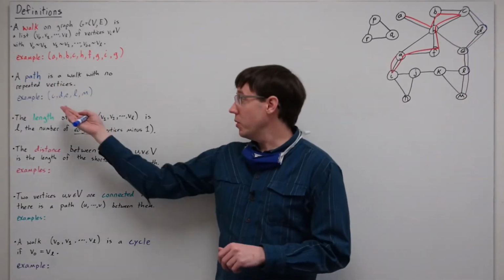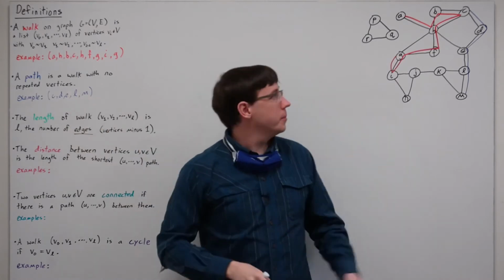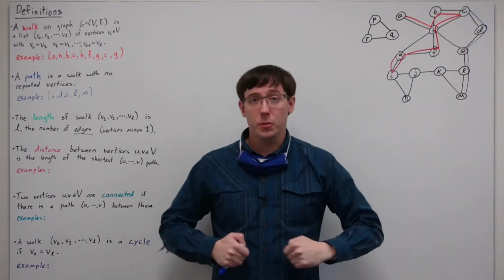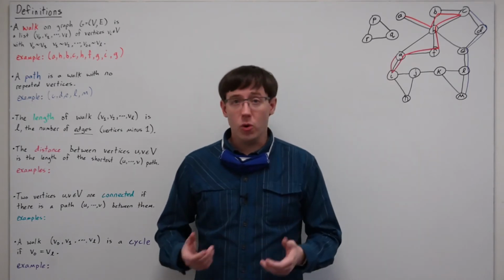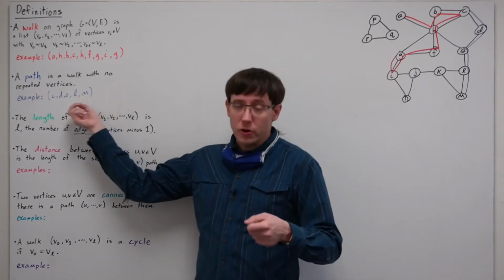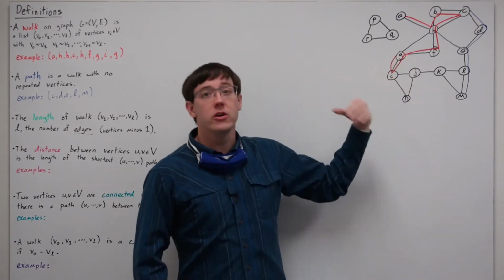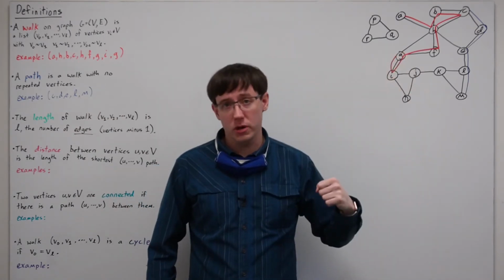So for example, CDELM is a path because no vertex appears more than once. And of course, if we can't visit the same vertex more than once, that also rules out the possibility of traversing the same edge more than once.